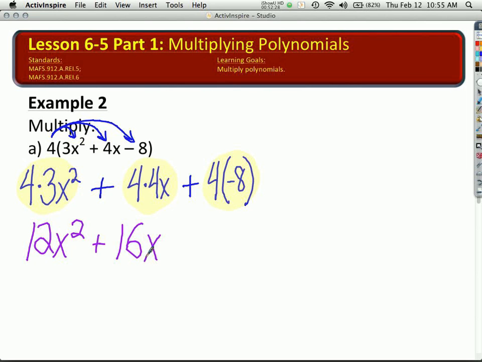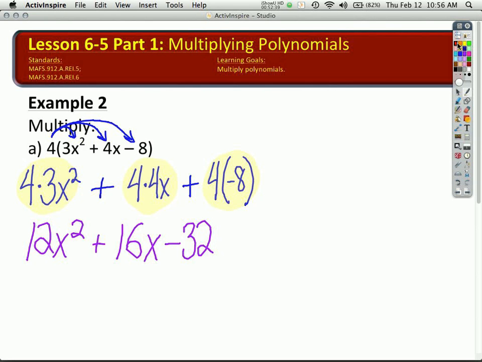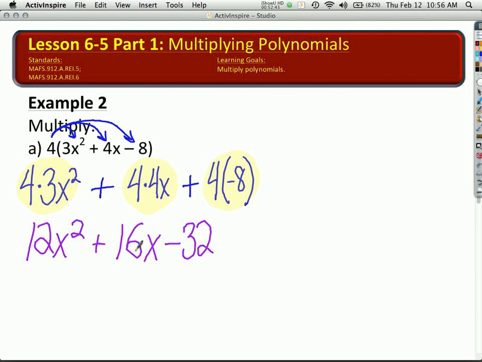Sean? Negative 32. And of course, when we write that, we don't put plus negative 32, we just put minus 32. And then we go, okay, 12, 16 that's 28, minus 32 is negative 4. X squared and x is x to the third, so we get negative 4x to the third, and we circle it, and we're super happy.